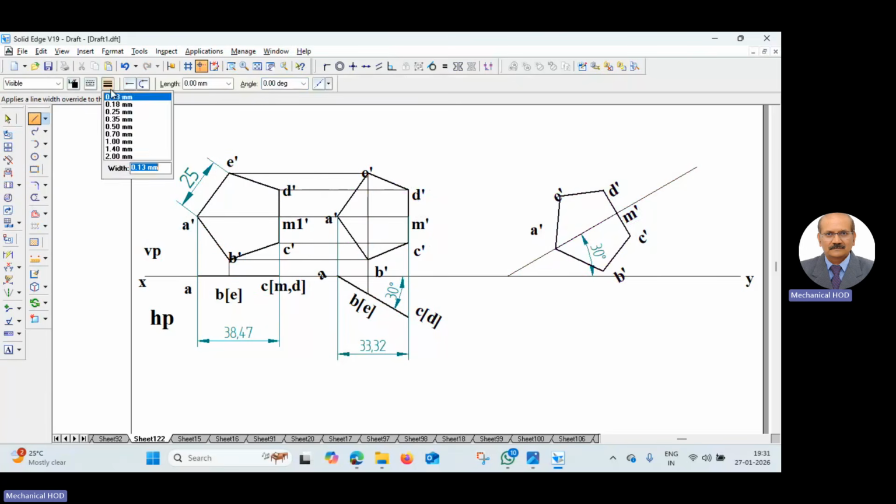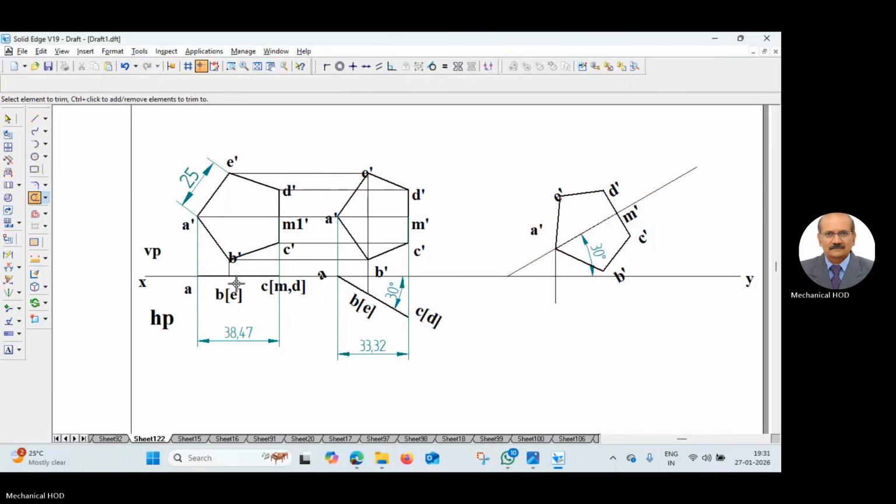Now project and get the final top view. This is A dash, right? Keep it here, it will come here. This is A, B. Where is B? B dash is here. This is B dash, C dash. Where is C?